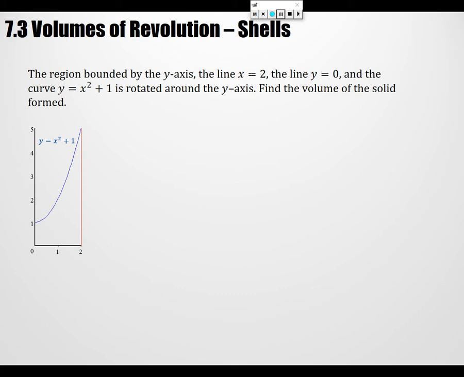Can someone just highlight what the snag is in terms of thinking about yesterday? How would we resolve this? It's not a huge snag, but it's a little snag. Start setting it up and you'll see it maybe. How would you actually set this up? We're going around the y-axis.